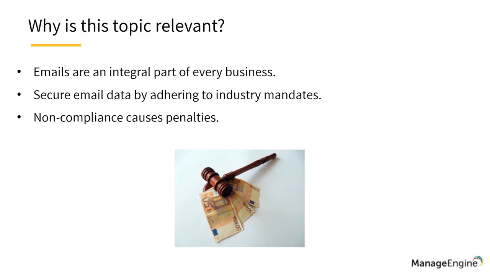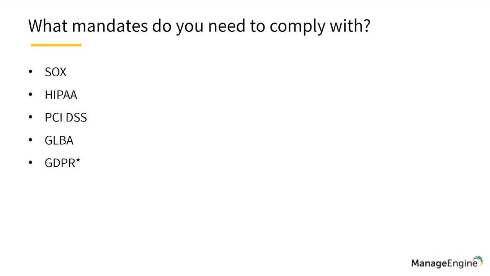So that is something that you can avoid if you take the measures, if you make sure that there are measures in place in order to be compliant with certain mandates that your organization needs to comply with. So what exactly are the popular mandates that organizations usually look for? It's these. And if you are trying to become compliant with any of these five mandates, there are certain things that you need to do in your Exchange environment.